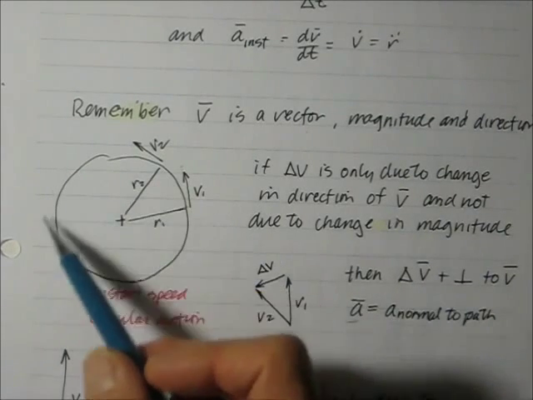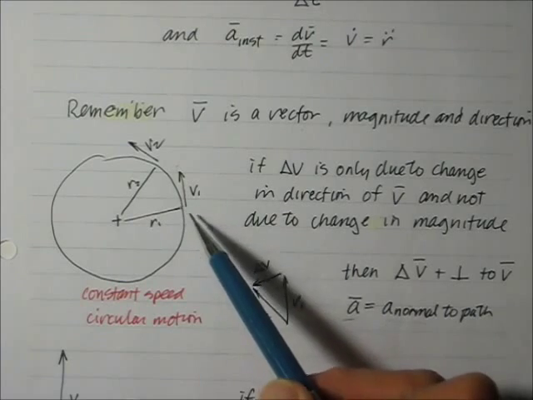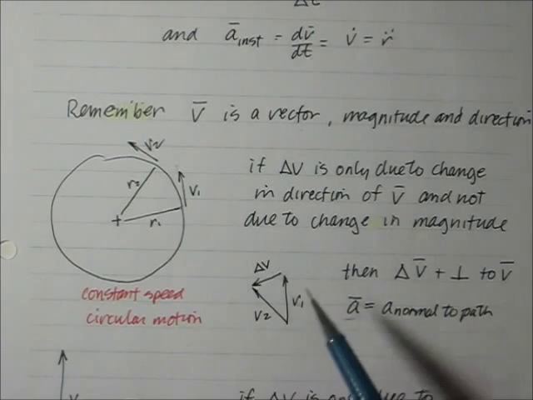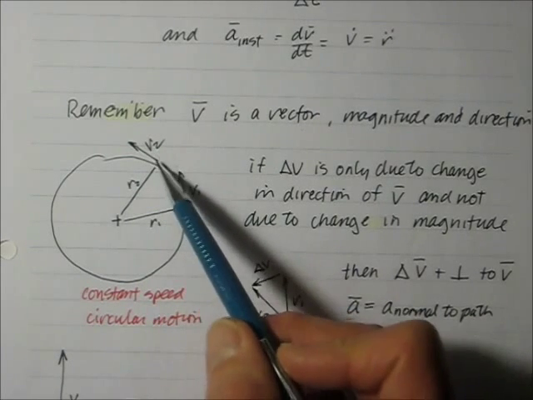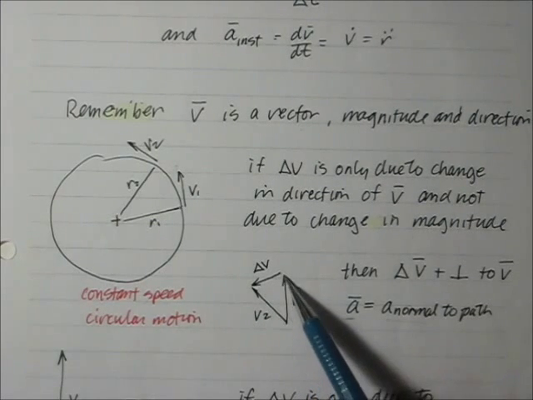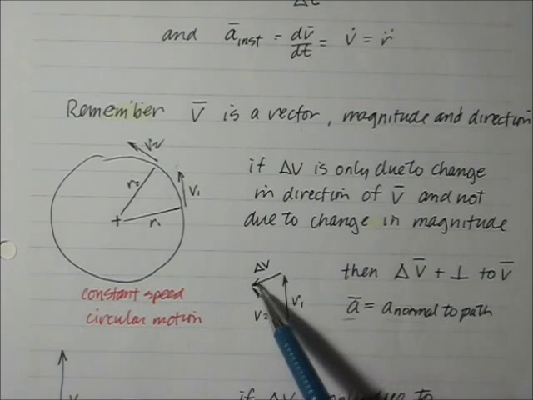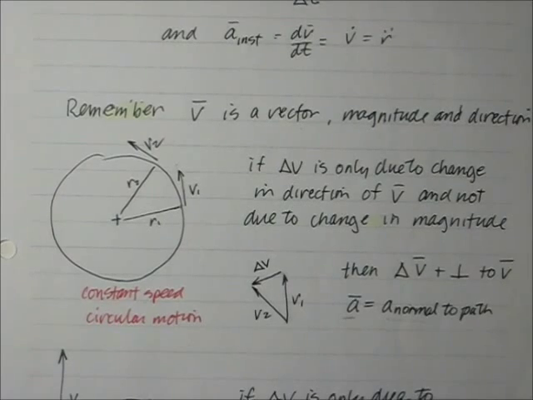But back to our little picture here, if we want to find out what the magnitude and the direction of acceleration are, the change in velocity over time, we can take those two velocity vectors and put them tail to tail, like I've done here on this little picture. So here's velocity 1, here's velocity 2, and we recognize that the straight line connecting those two endpoints is going to be our change in velocity.